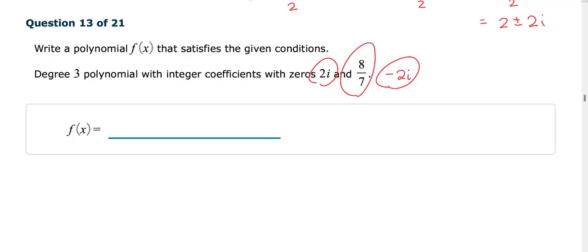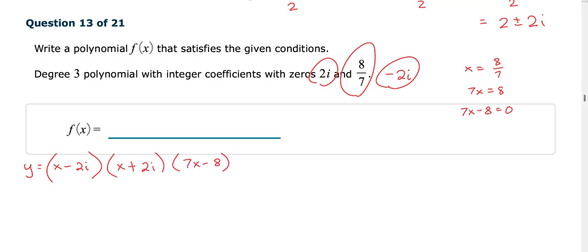I'm going to write that as y equals x minus 2i times x minus negative 2i, which turns into x plus 2i, and x minus 8/7. Another way to do that one, because it wants integer coefficients, instead of writing x equals 8/7, multiply both sides by 7, and then subtract 8. So 7x minus 8 equals 0. That's your third factor, 7x minus 8.